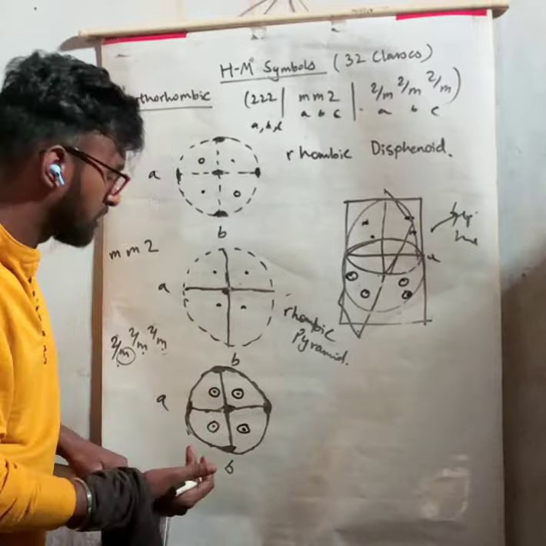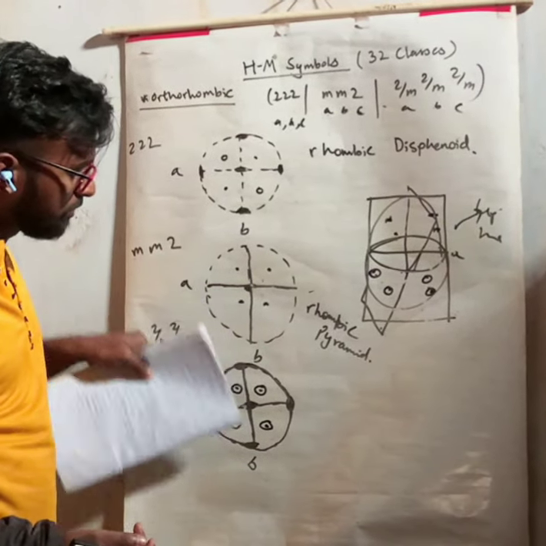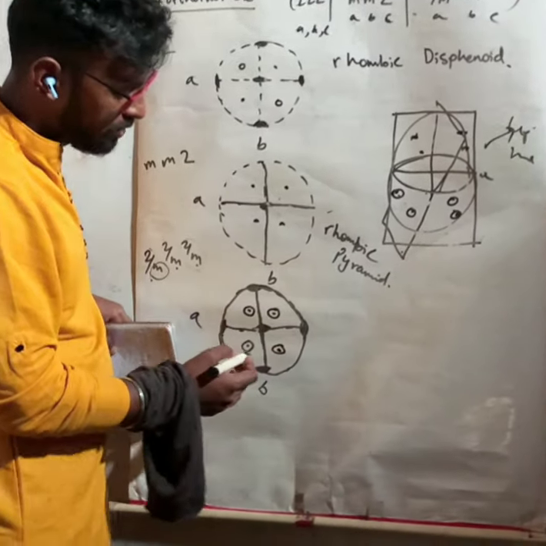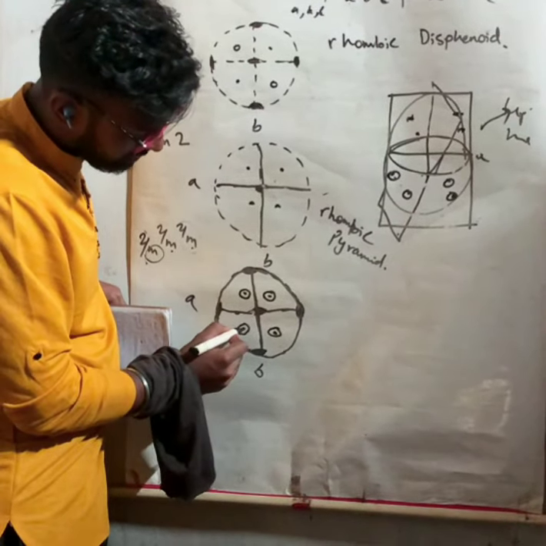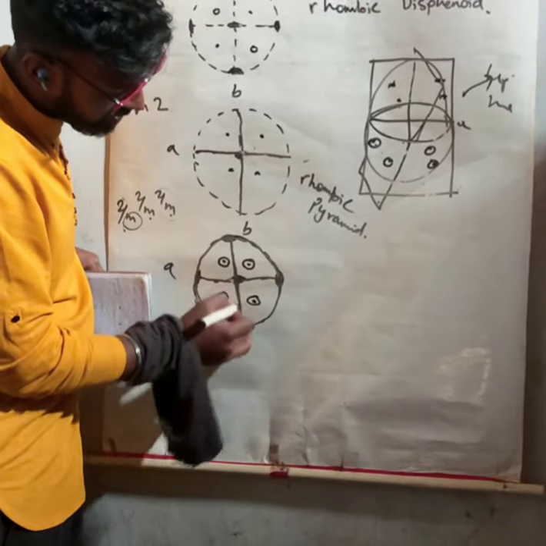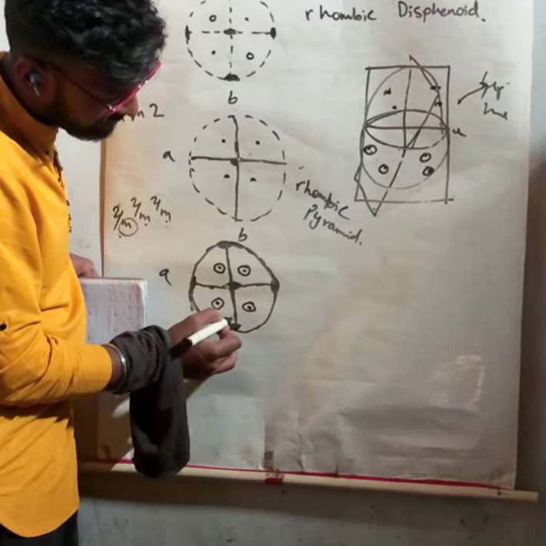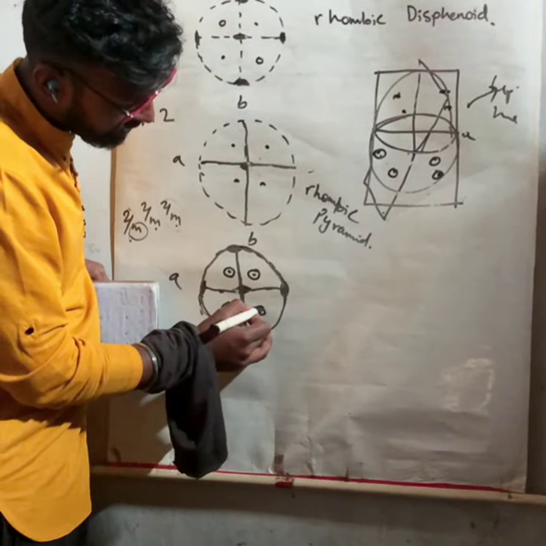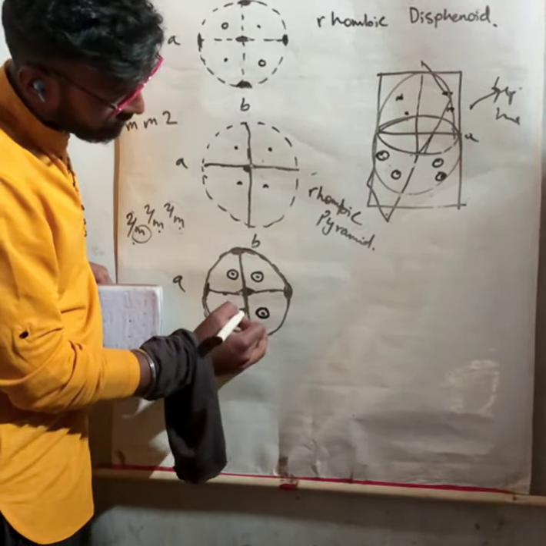Now what about the two-fold operations? We will also see that it satisfies our two-fold operations. This element will have its two-fold operation here. Suppose along the two-fold B axis, we will have its operation. So this dot will have its two-fold operation here, and this circle will represent the two-fold operation.